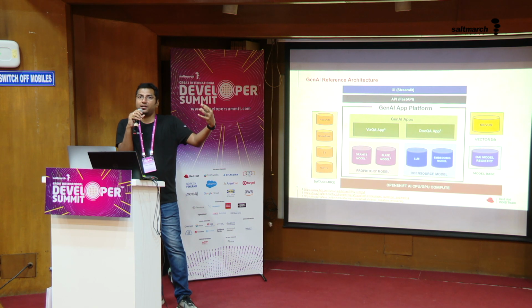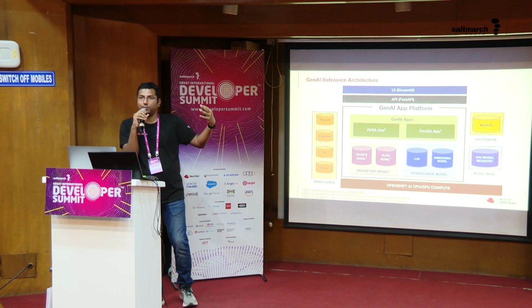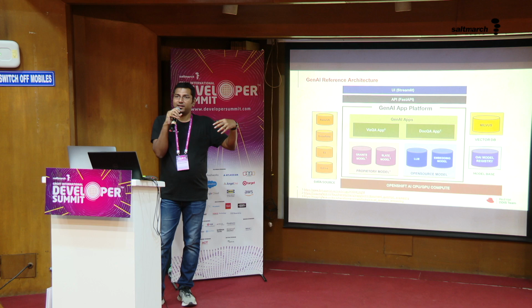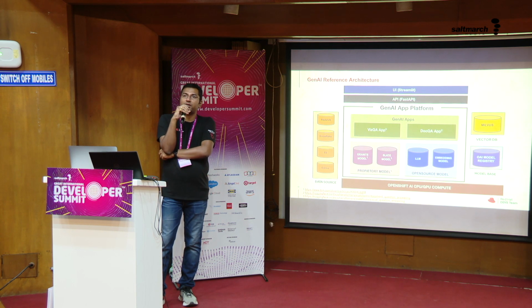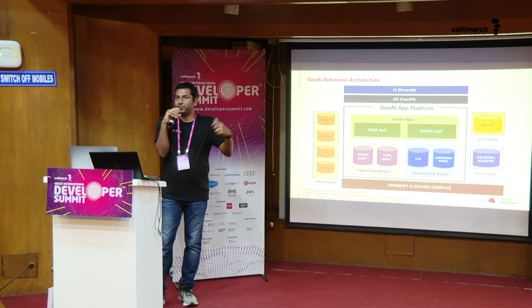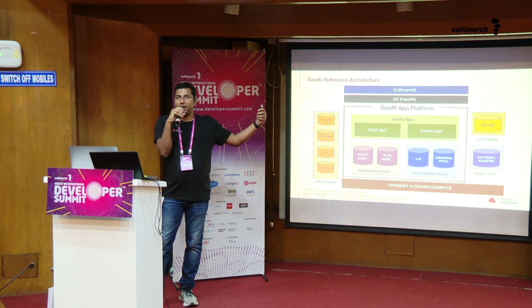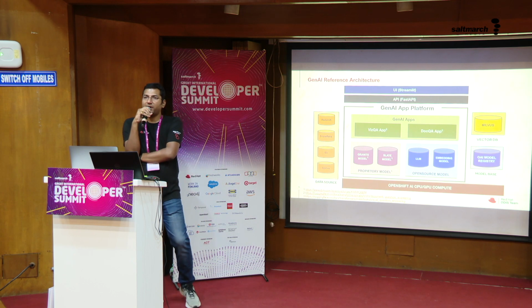Then you get that subset of documents as a context, and you go to the LLM and say, well, this is my question, this is my context, can you give me the answer? That is a very popular way of doing it. It is called RAG. The retrieval, where you retrieve the embeddings, then augmented, where you augment that context to the prompt that you are going to ask the LLM, and generation, where the LLM generates the answer.